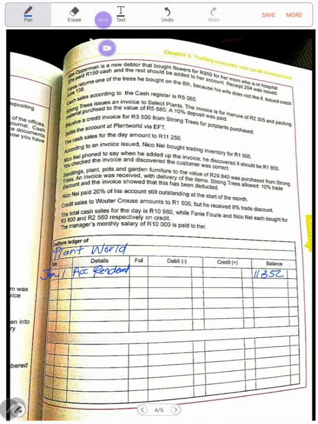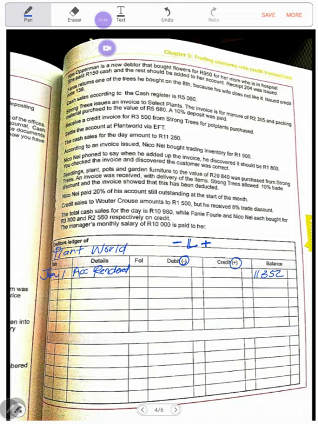Please note that a creditor is a liability account. Every time the business takes on credit, it will increase on your credit side, hence the plus sign. Every time we pay our credit, it will decrease on my debit side.